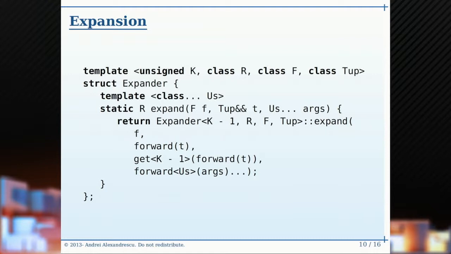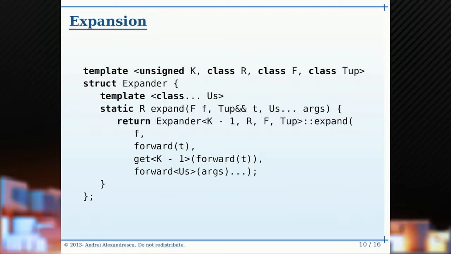Inside, and this is the key thing, I have a different template which takes variadic args. And that's my in-flight expansion that's ongoing right now. So expand, and we take the function, we take an rvalue reference to the tuple, and we take the arguments. And inside, this is going to be one stage of the rocket, right?